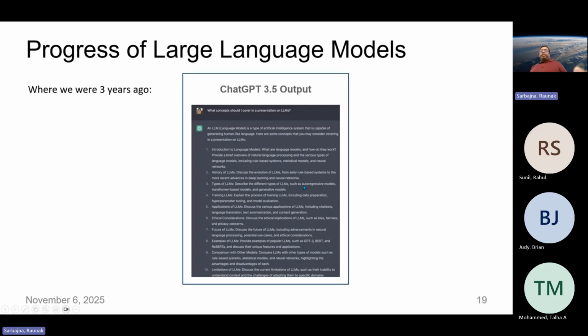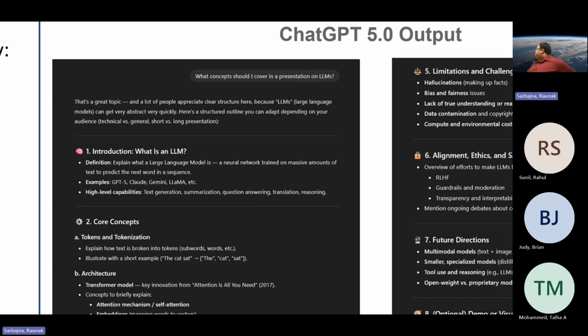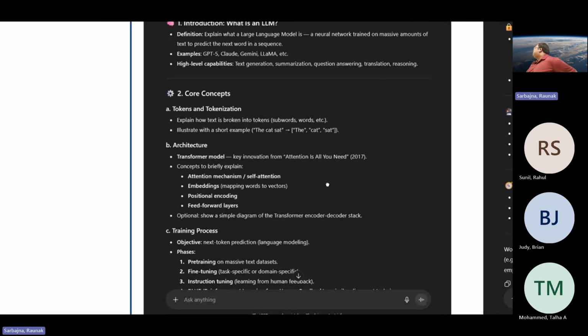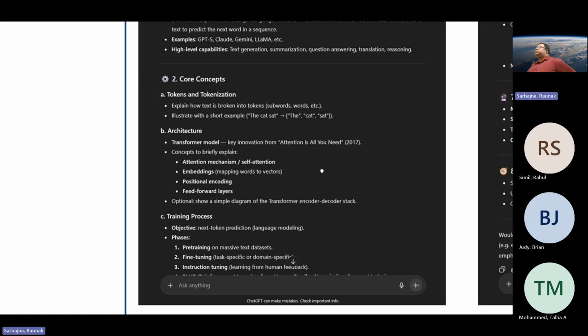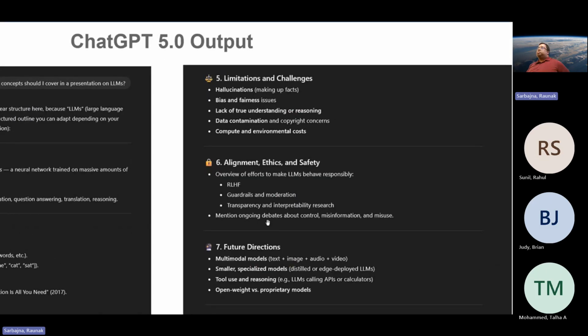Right? But compare this from 3 years ago to this result, which I created this morning. As you can already see, there is so much more detail, even compared to yesterday's 3 years ago.